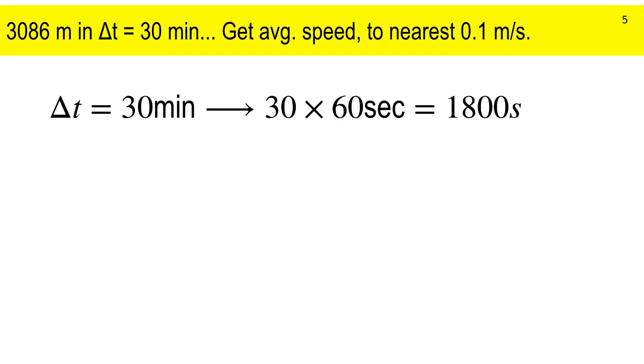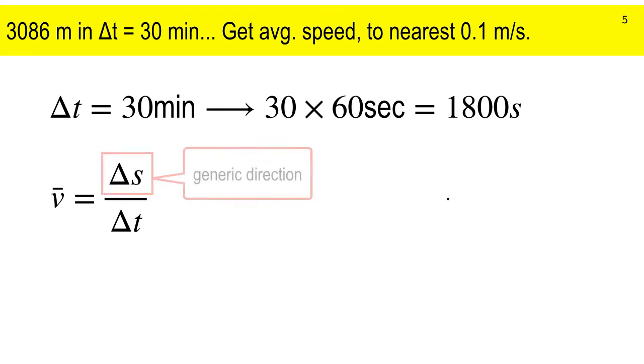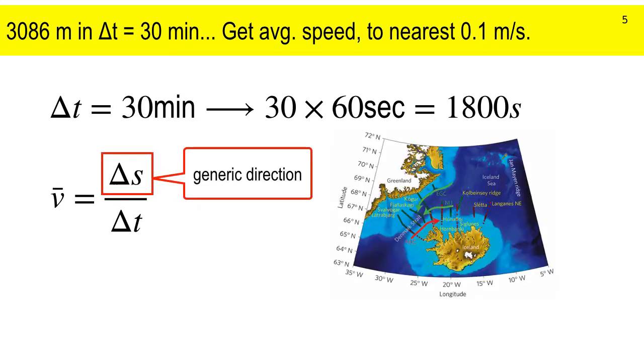Now you're ready to use the average speed formula, delta S over delta t. I use delta S as a generic direction, because if you look at this diagram, it's on the sphere of the Earth, and it's actually moving northeast.